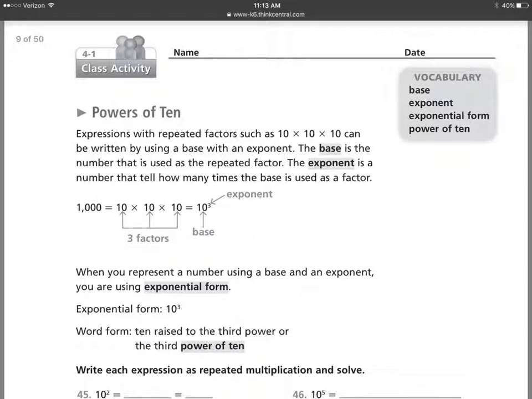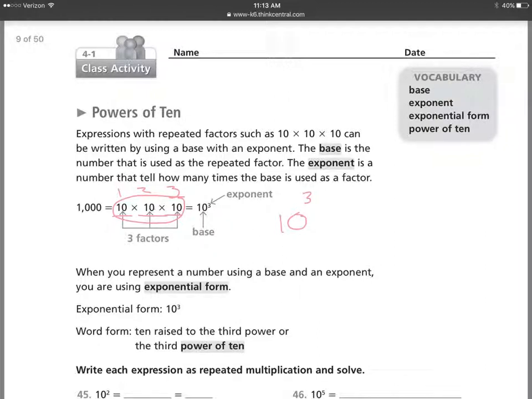But another way to show that multiplication problem so that we don't have to write it out like this is to take your base number that's being repeated, which is the 10. Count how many times it's being repeated, 1, 2, 3 times, and show that with an exponent.